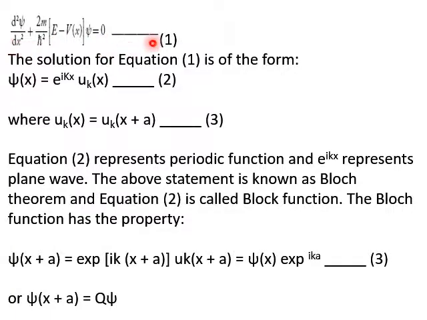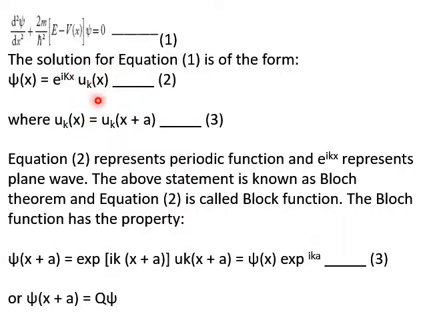For this equation in a periodic potential well, where V(x) = V(x + a), the solution is given by psi(x) = e raised to power ikx times u_k(x), where u_k(x) is known as the Bloch function, and this whole statement is known as the Bloch theorem.